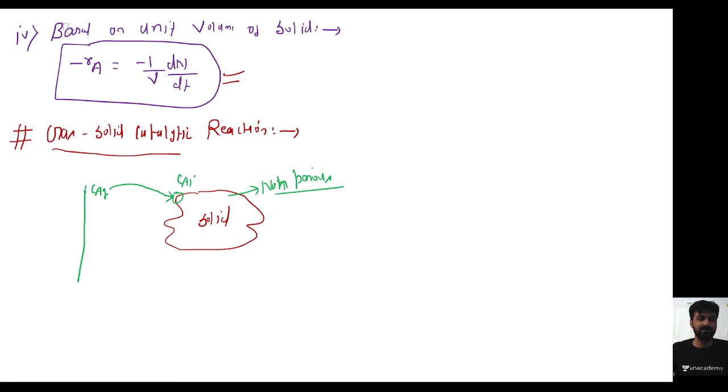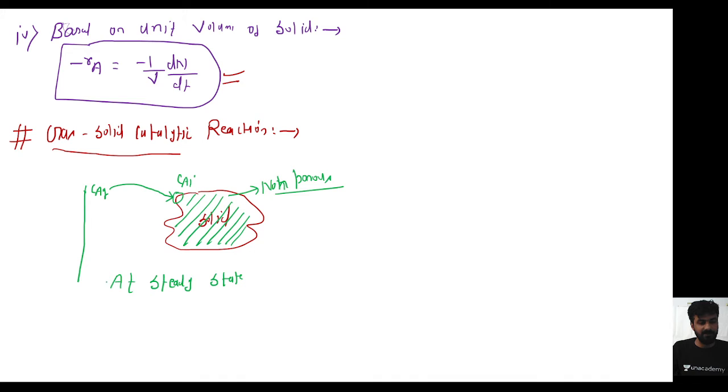But here, try to understand: what happens at steady state? It is a solid, not porous, that's why I'm making it this way.